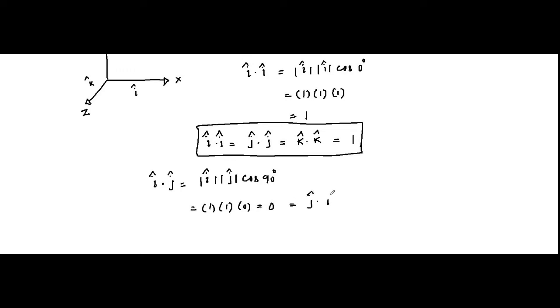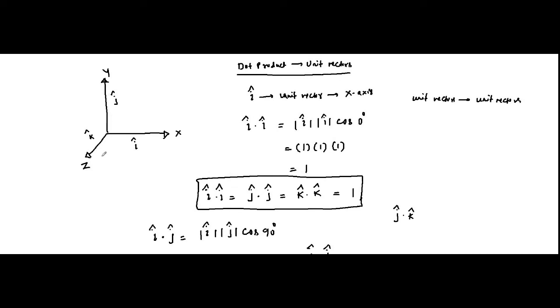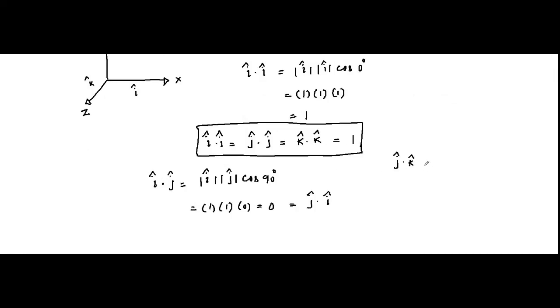Similarly, j cap dot k cap, the unit vector of the y axis and the unit vector of the z axis, is the same. They are of unit magnitude and at right angles with respect to each other, so it will be 0. Whether you do j cap dot k cap or k cap dot j cap, it means the same thing, because the dot product obeys the commutative law.